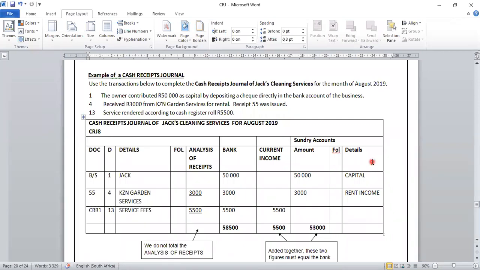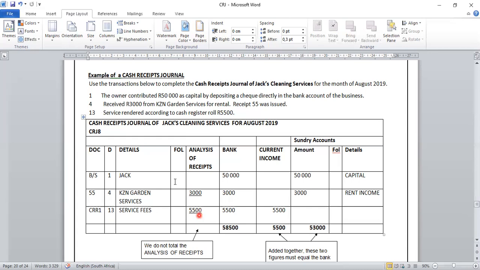Our source document for all the service fees that we receive is the cash register roll, and we have to number our cash register rolls. So in our document column, we will have CRR1 as our document number, and the day on which the transaction occurred is the 13th. Details will be service fees. Our folio column we leave blank, and because we received this money in the business, it will be reflecting in our analysis of receipts column.